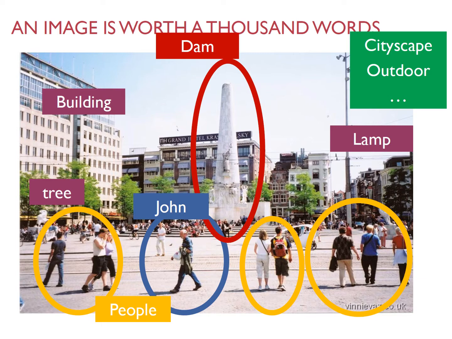For example, if you really want to describe this image, you need to write a really long and detailed paragraph: there are people, it is a square, it's a cityscape, it's outdoors, there are buildings, there are trees far away, and close to the point where we are observing, there are a lot of people, most of them tourists and some of them local people.